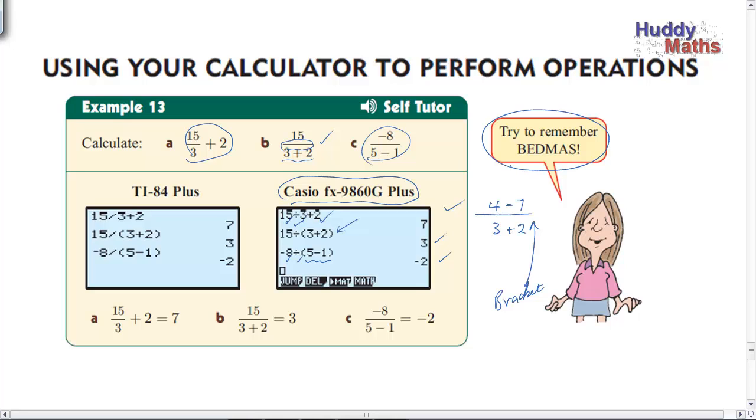Could I just remind you of something? I work a lot with senior students, and when they want to square -2, they sometimes put in -2 squared. And that's wrong, isn't it? This is going to square just the 2. If you want to square the whole of this, you must put brackets.